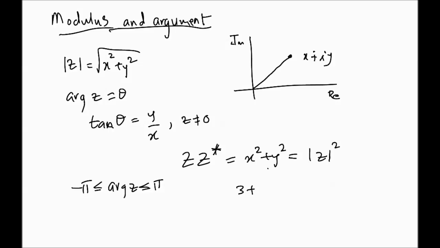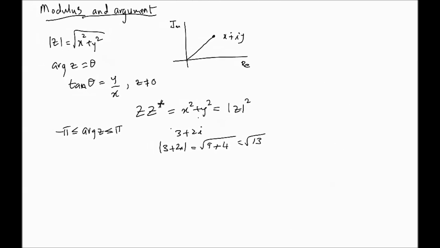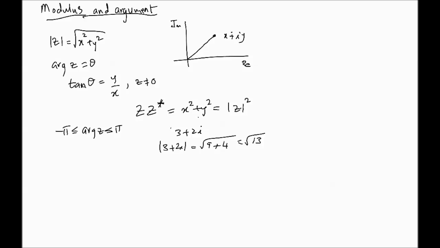Let's take an example, say 3 plus 2i. The modulus of 3 plus 2i is the square root of 3 squared, which is 9, plus 4, so it's the square root of 13.